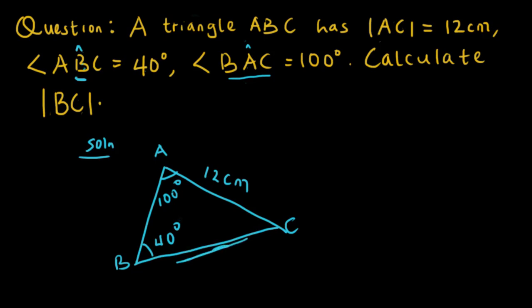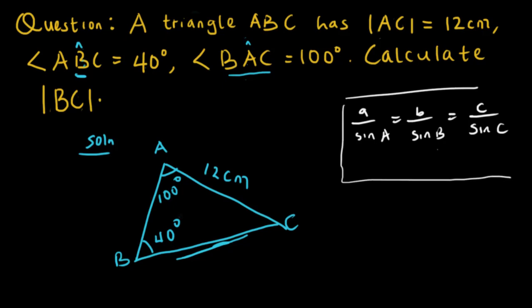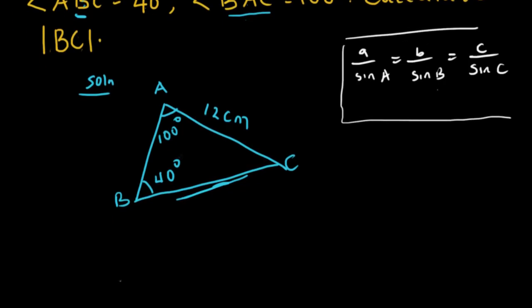If this is an exam, you need to recall the sine rule on a rough sheet. So remember, it's a over sine A equals b over sine B equals c over sine C. Now we can adapt this formula to the question we are given. Look carefully: this side over the angle equals this side over the angle.